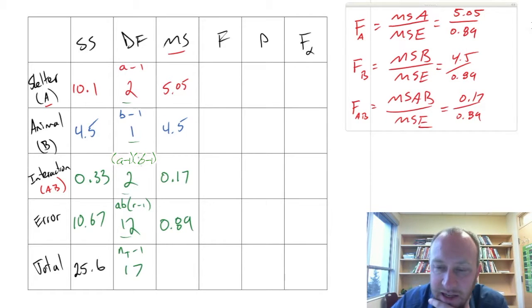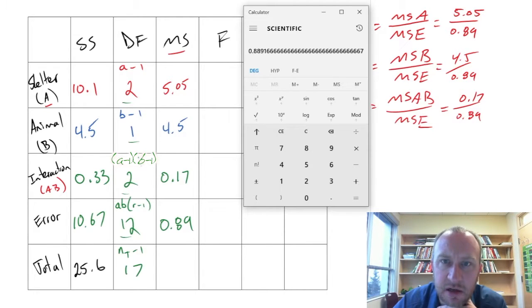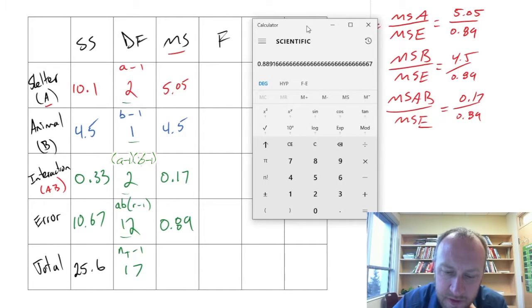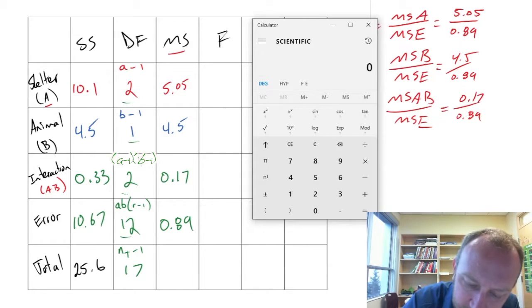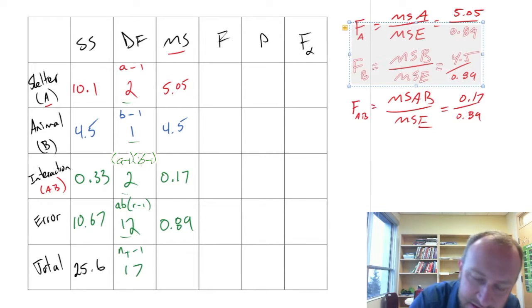So if I get our calculator out, I stand corrected. This is going to be more than half an hour once I'm finished. So here's our first one, 5.05 divided by 0.89. So 5.67.